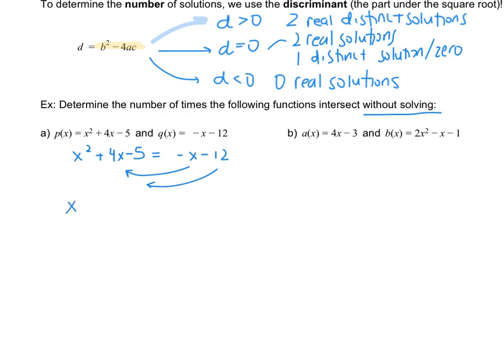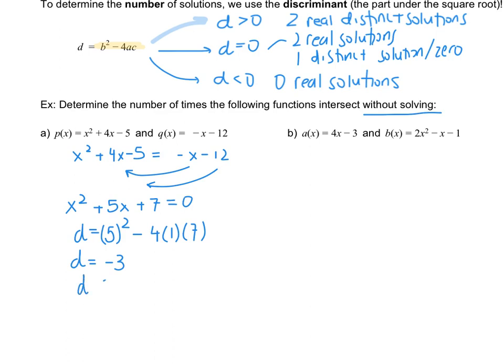So I have x squared, and then I'm going to have plus 5x, and then negative 5 plus 12, which is positive 7. And now instead of wasting my time trying to factor or do the full quadratic formula, I'm just going to go to my discriminant. So b squared means 5 squared minus 4. The a value is 1 and the c value is 7. And when I simplify that, I end up with negative 3 for my discriminant.